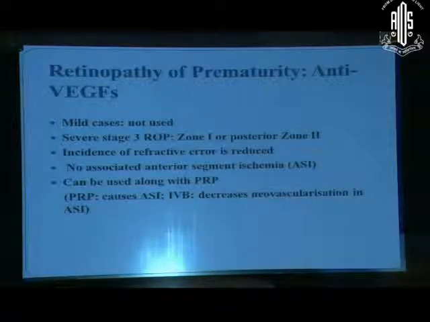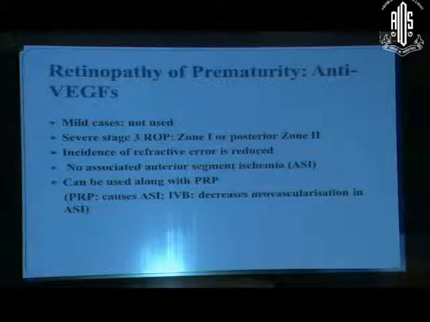So in the mild cases, this kind of therapy should not be used. In the more severe form of the disease, it can be used. A few studies have shown a decrease in the refractive error incidence, which I feel might be coincidental also, or might be a part of this.